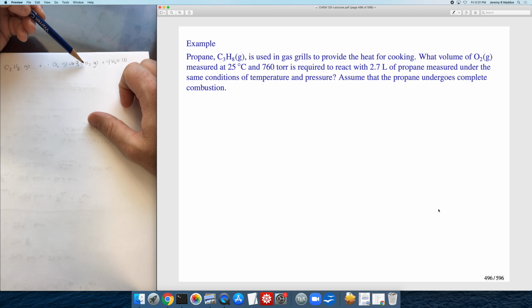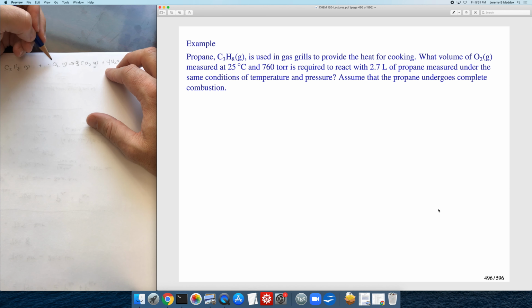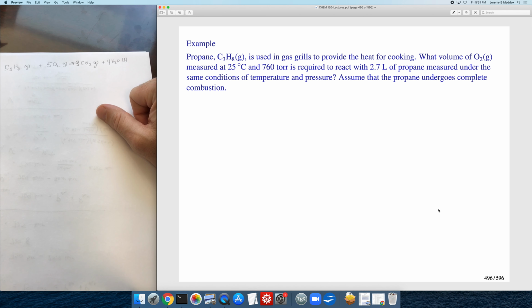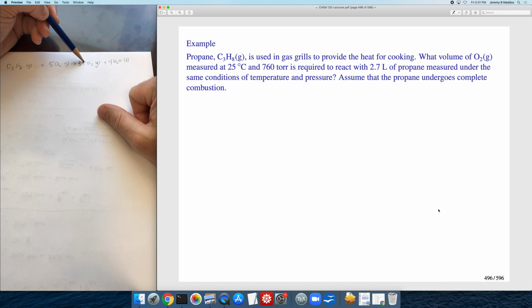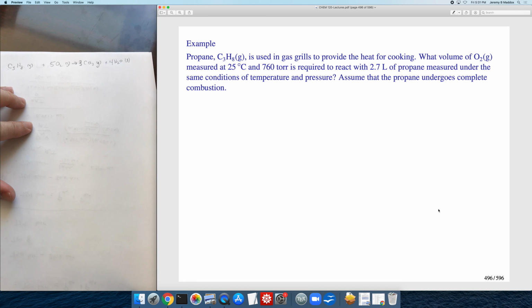We've got 6 oxygens here plus 4 here for a total of 10. So that means we need 5 O2 there. So that's how you balance the combustion reaction for a hydrocarbon. You start with CO2, so balance the CO2 coefficient, then balance the hydrogen coefficient, and then balance the oxygen coefficient. Anyway, this is the balanced combustion reaction for propane.